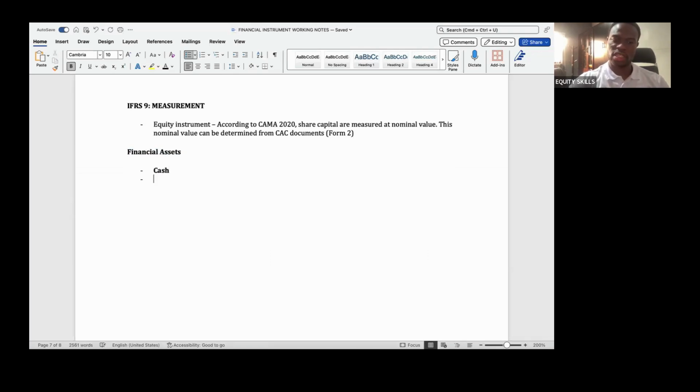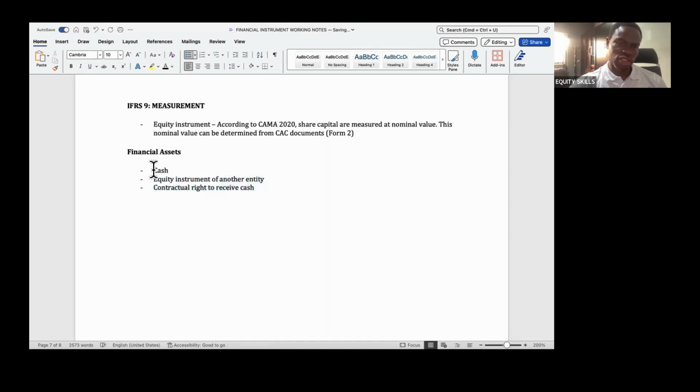When you say financial assets, they are cash, equity instruments of another entity, and contractual right to receive cash. So we need to pick these one by one as well.